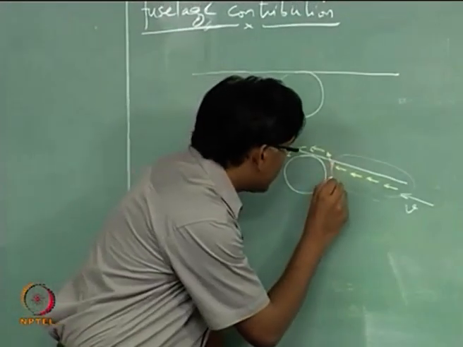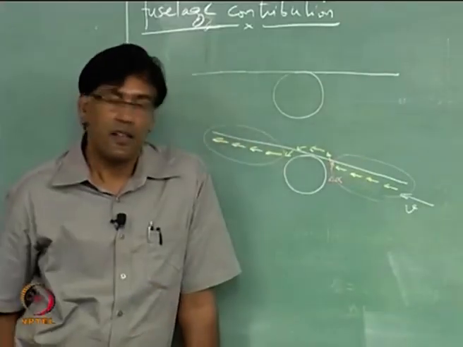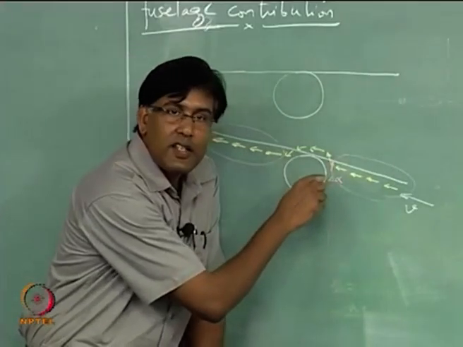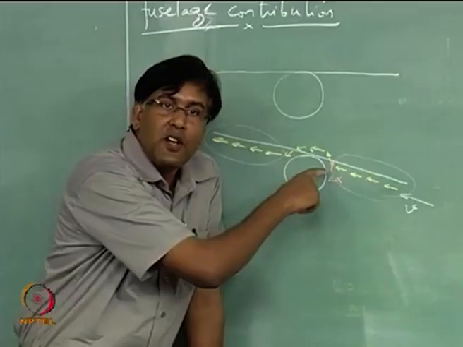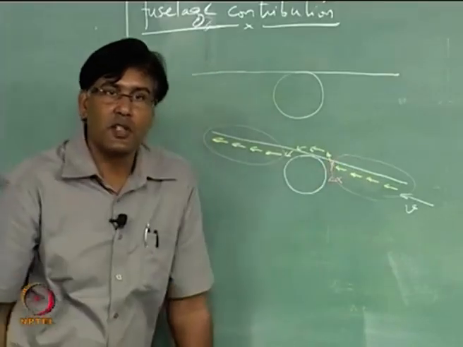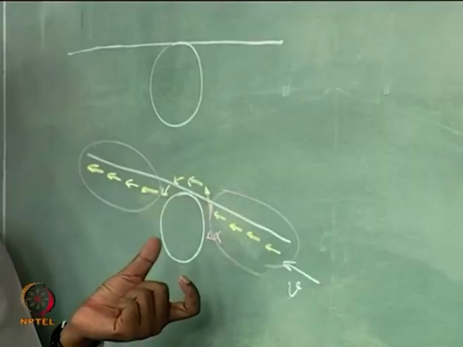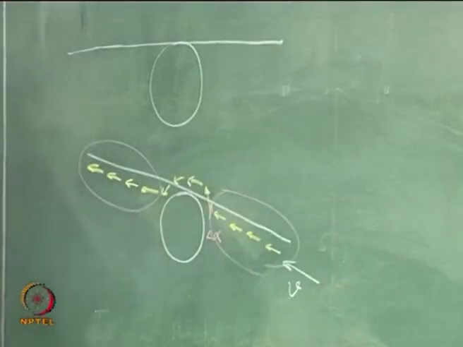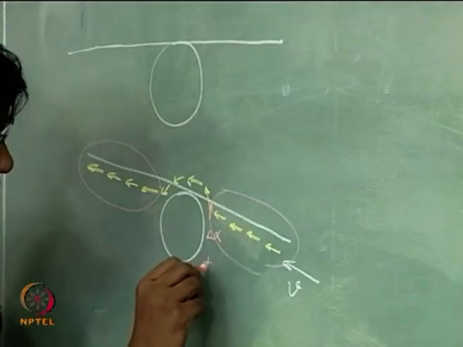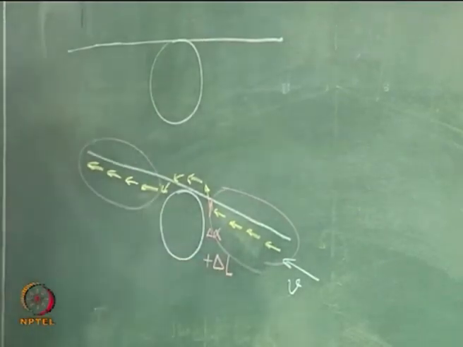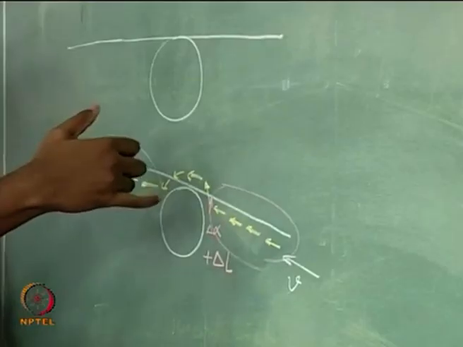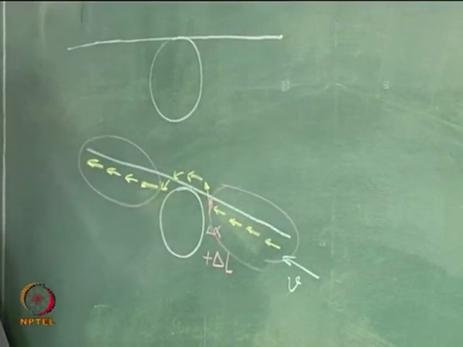So there is a delta alpha change, positive change in angle of attack very close to the fuselage, and this positive change in angle of attack is at the wing, and that is going to give me a rise in lift, overall lift of the wing. For the same reason, here there is a negative change in angle of attack, right, because flow is going downward.